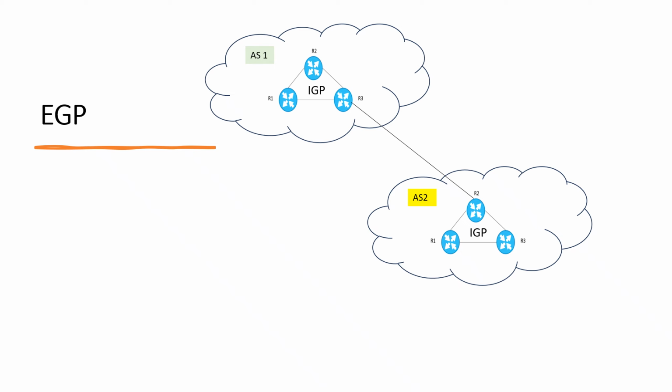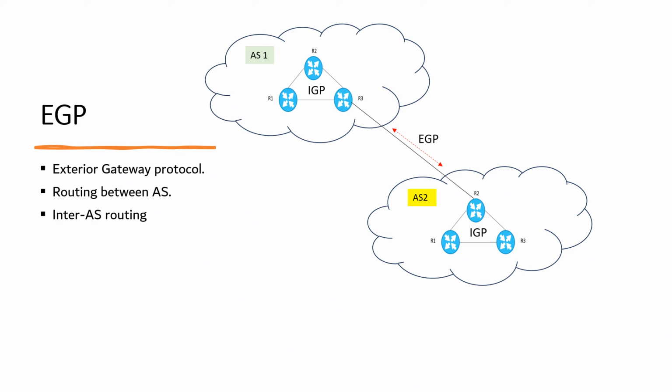Then we have another type of protocol, that is EGP, also known as Exterior Gateway Protocol. This is designed for routing between autonomous systems. It is also referred to as Inter-AS routing protocol.